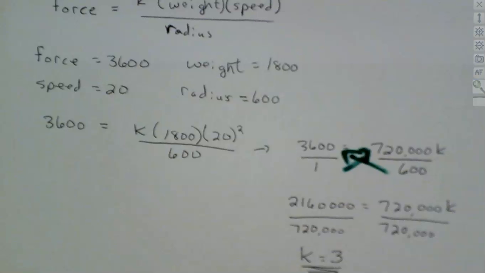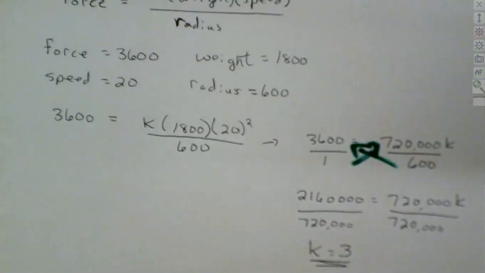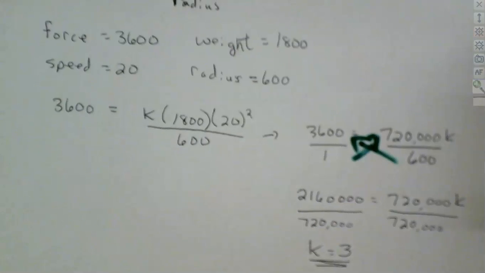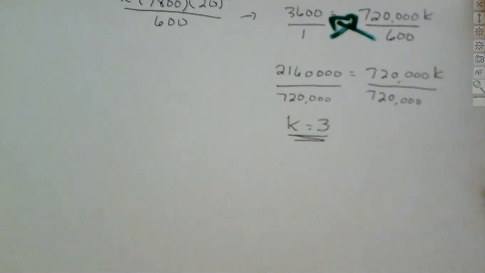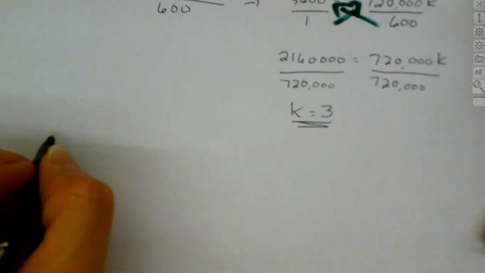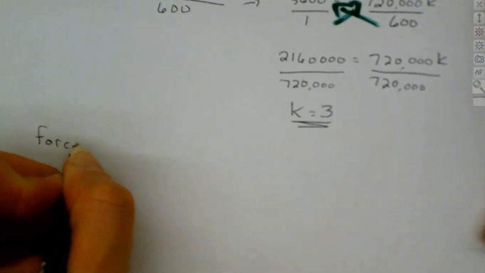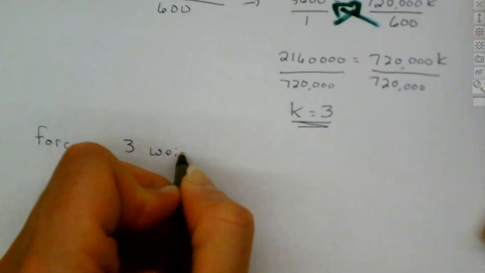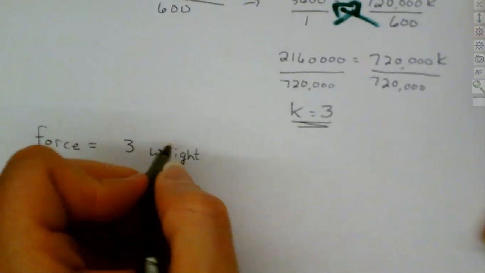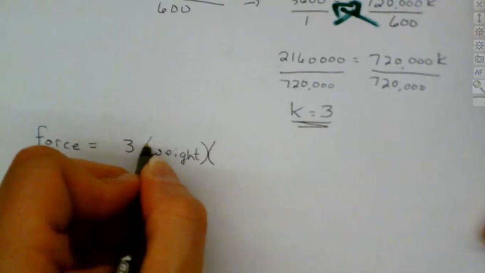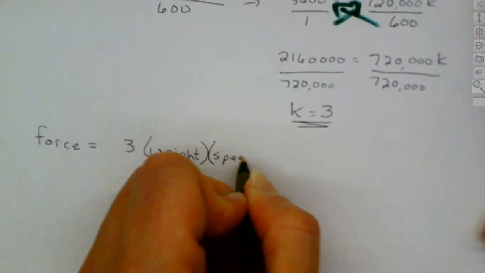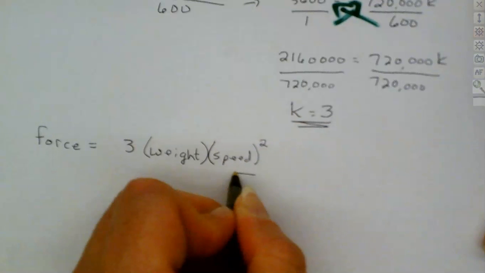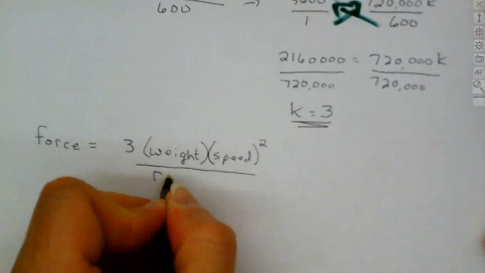Now, when we rewrite this, we want to change our conditions and recalculate. So now we're going to rewrite our formula. And our force now is going to equal 3 times the weight times the speed squared over the radius of the curve.